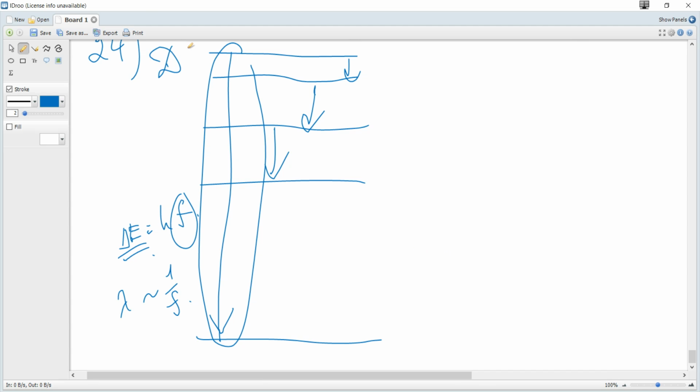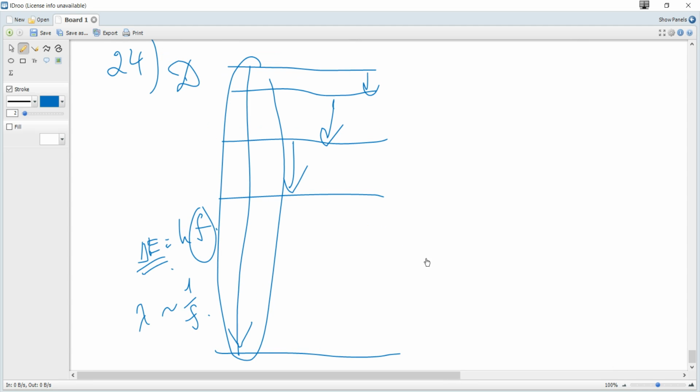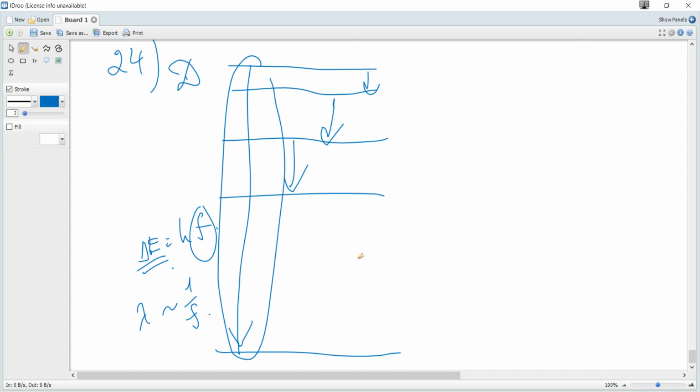So it's D, and you can see for D that there are three lines whose wavelengths are close, which are similar, according to these three transitions. They are close to each other.